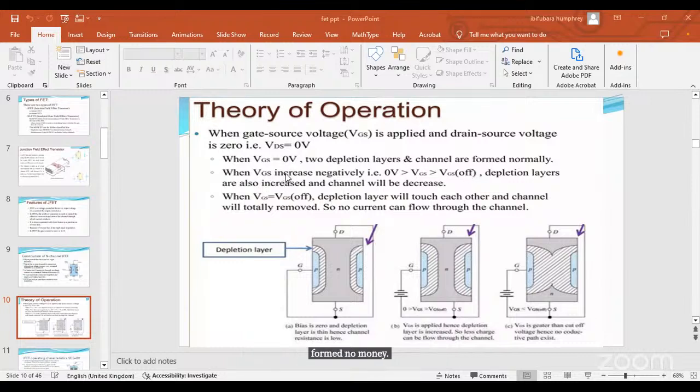When VGS increases negatively, remember that VGS is a negative bias.